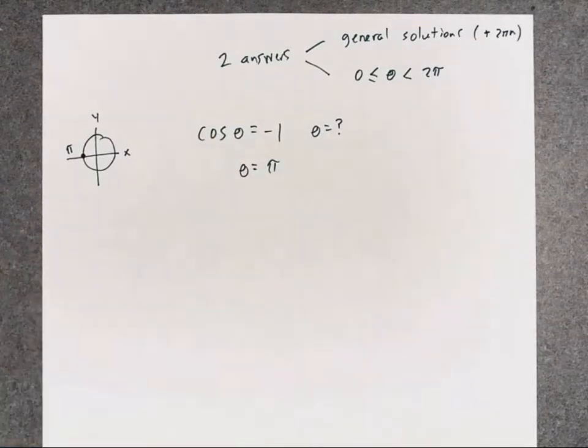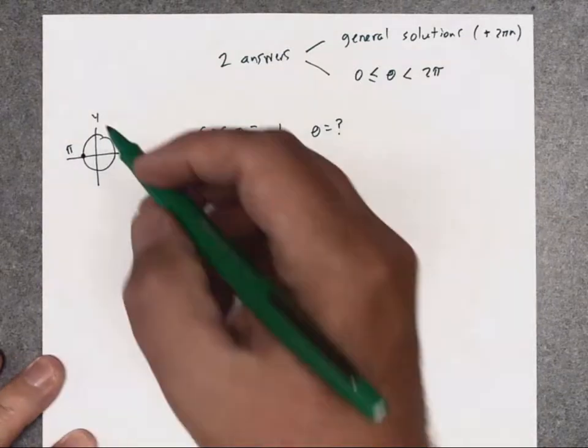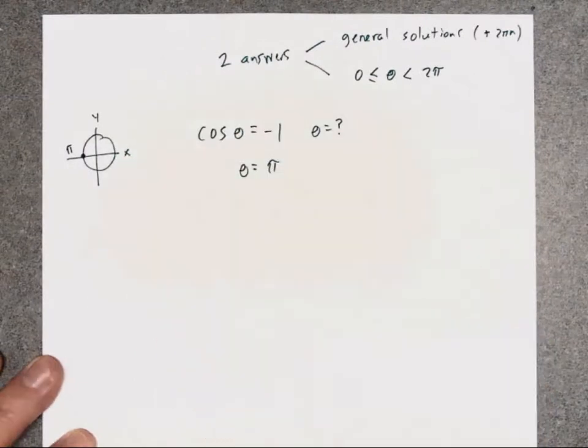The cosine of pi equals -1. But then we realize, first of all, are there any more points on the unit circle where the cosine is -1? There actually is not. Over here at 0, cosine of 0 is 1, but we're looking for -1. So, in one trip around the unit circle, there's only one angle that is a solution.